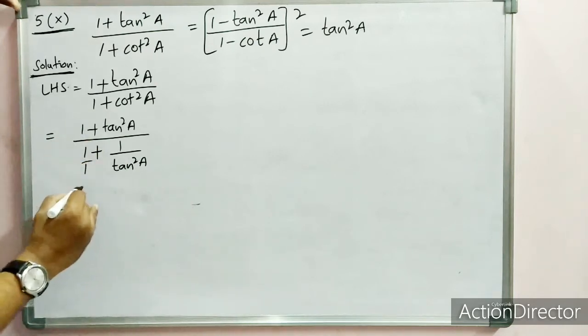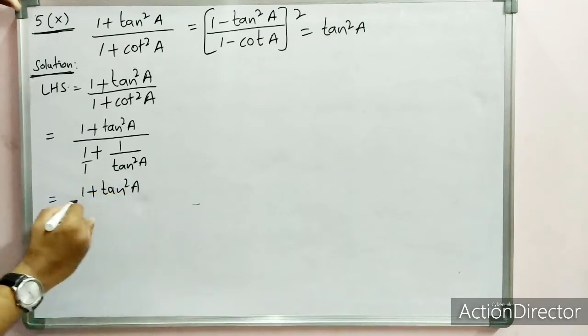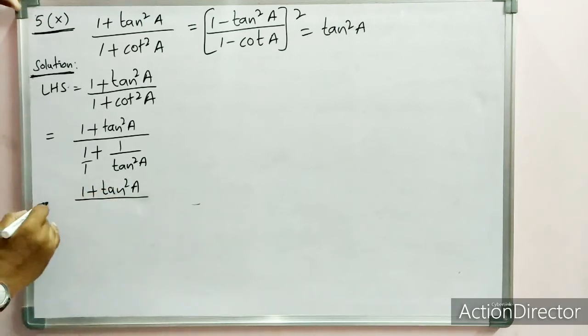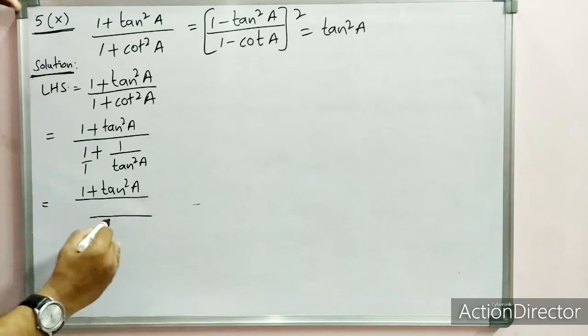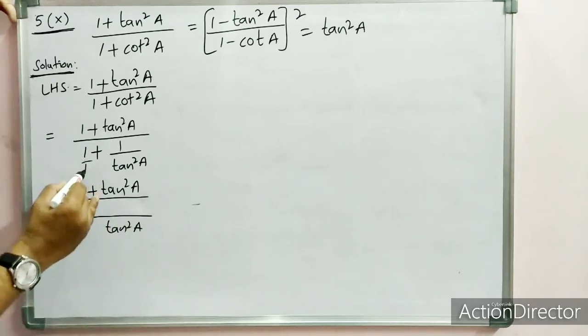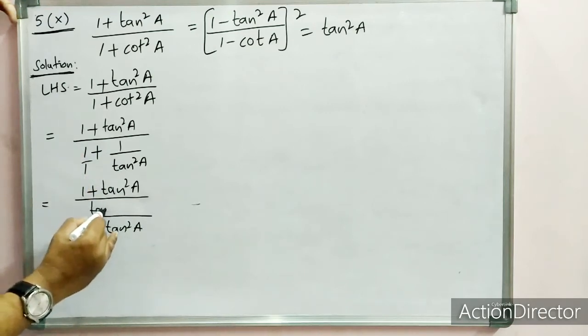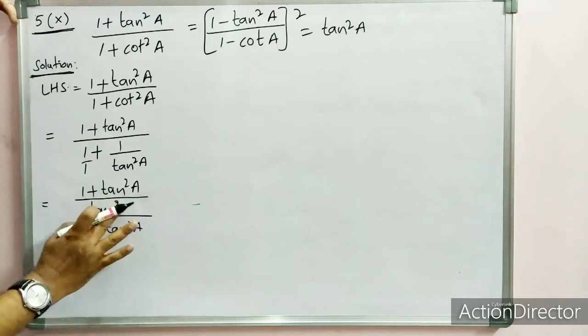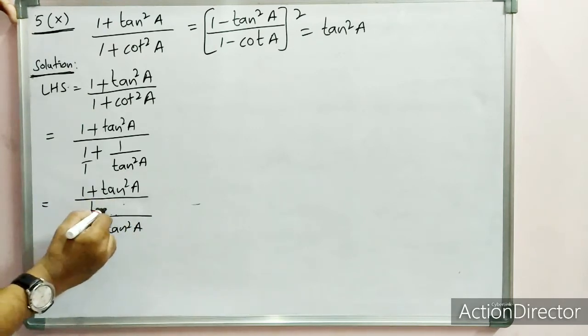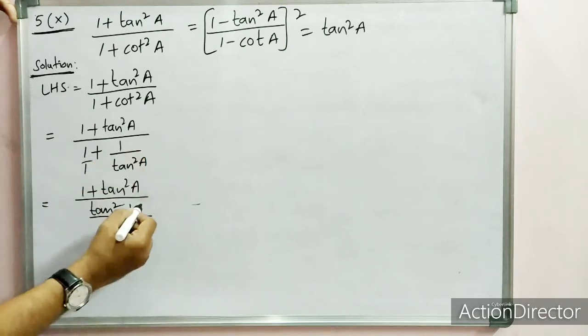In the numerator there is no change, keep as it is, 1 plus tan square A. In the denominator, again we have a fraction, that is tan square A, and 1 plus tan square into 1, it will be tan square, plus 1 into 1, 1.